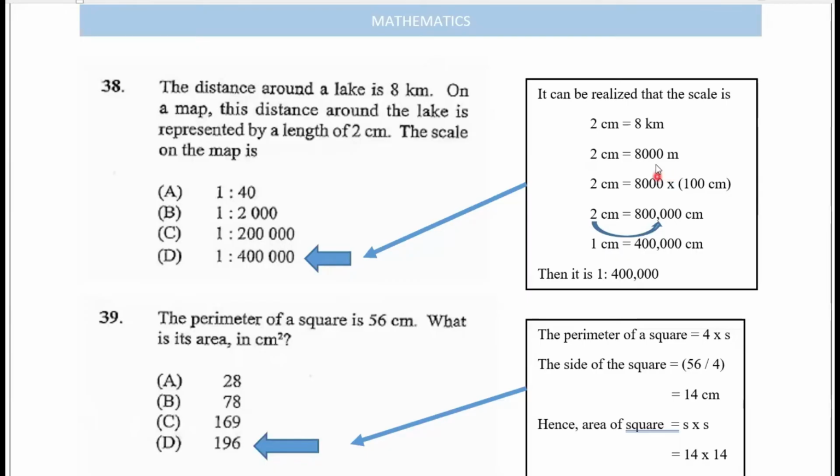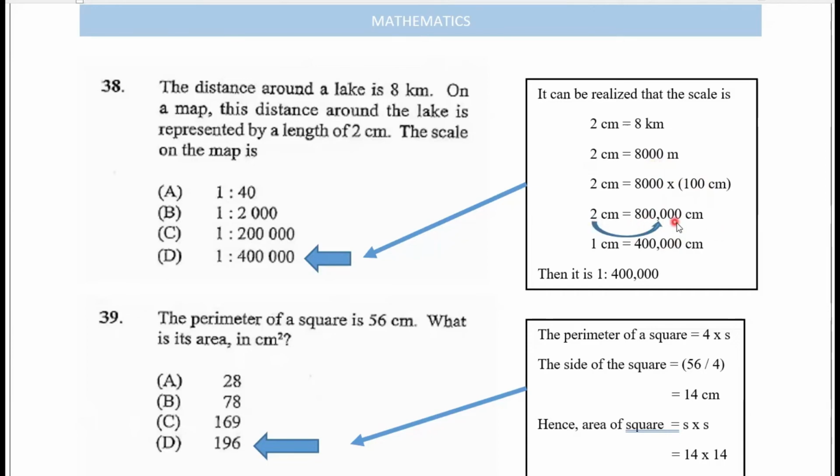But we aren't done there. You have to bring everything down to centimeters. Now, each meter is 100 cm. So this would be 8,000 by 100, because every meter is 100 cm. So 8,000 meters will be 8,000 by 100, which will give you 800,000 centimeters.